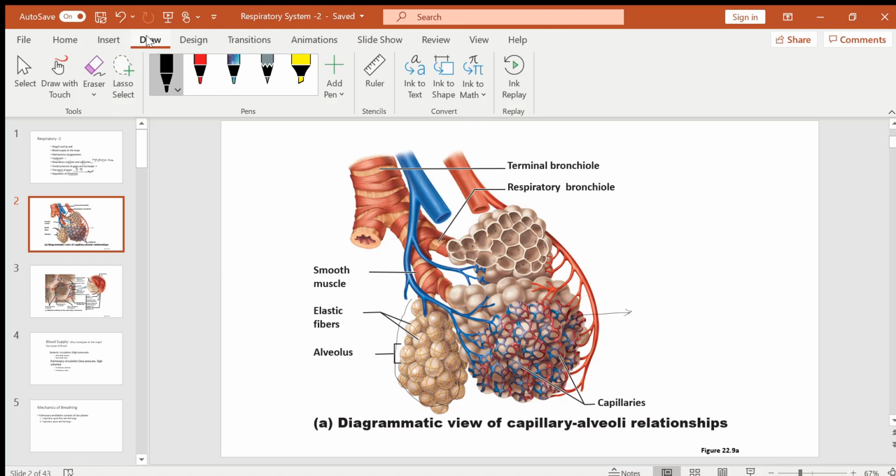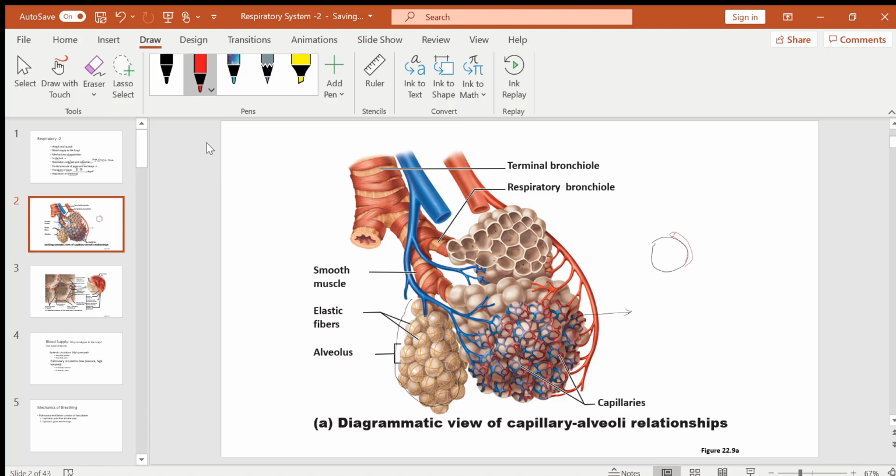So each alveolus, if this is the alveolus, gets a capillary on it. The capillary bed wraps the alveolus, and each alveolus gets a capillary bed on it.